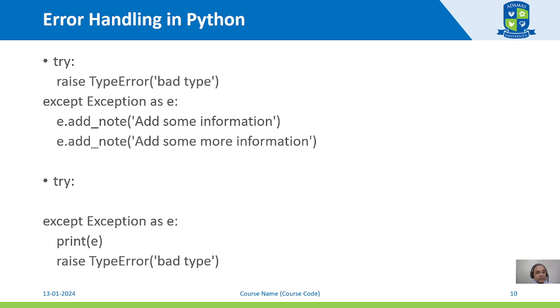If we want to print only that, that will also be printed. So we use print. We can give raise TypeError, bad type within the try block, then within except Exception as e it will return the particular error with a statement, or we can mention raise TypeError, bad type.